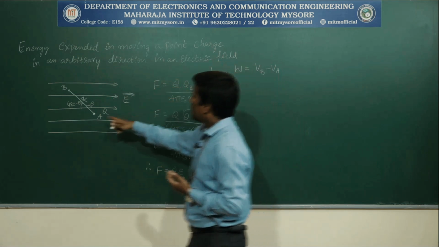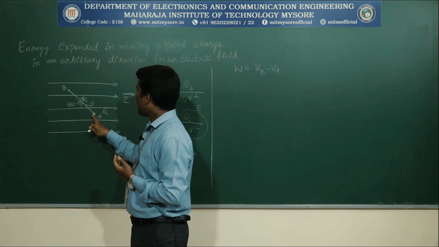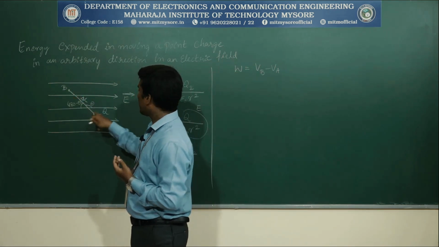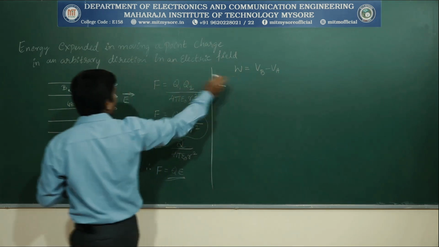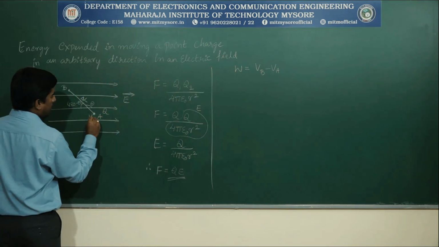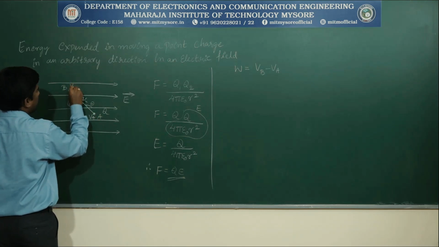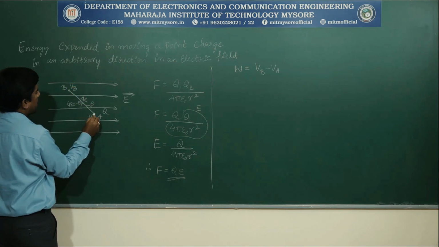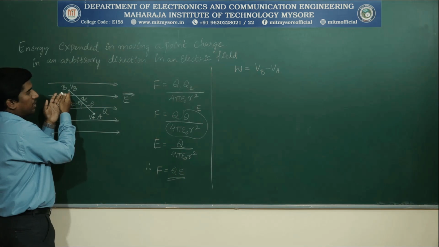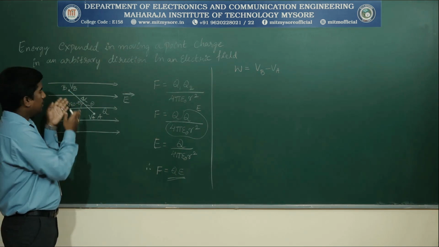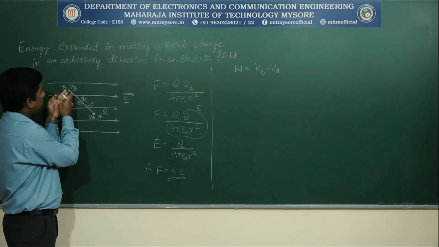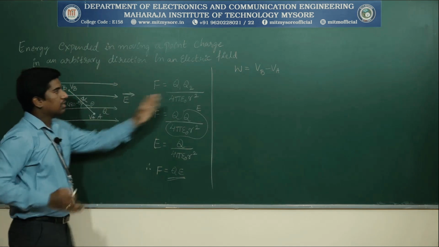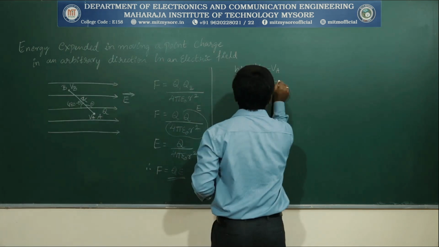The potential at point A is VA, and the potential at point B is VB. In order to move a charge from A to B, you need to do some work. That work done is called the potential difference, that is VB minus VA. That is what we have written here.